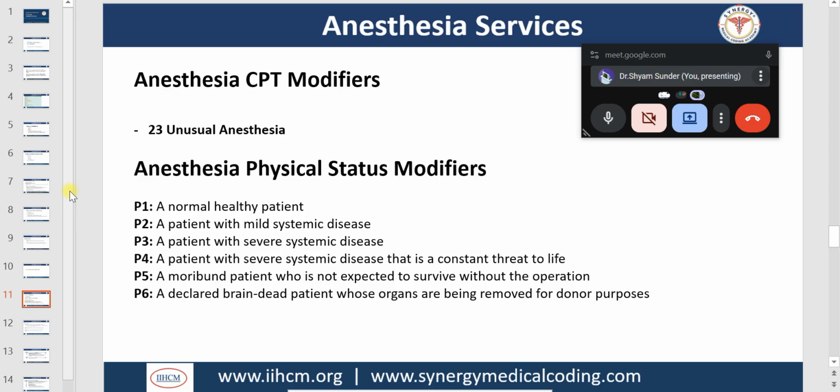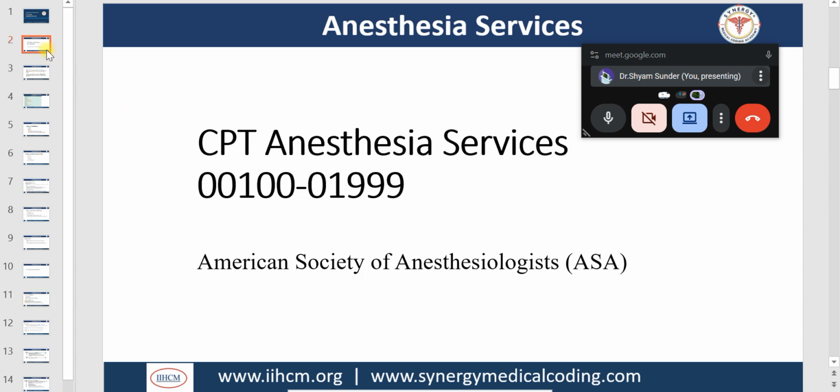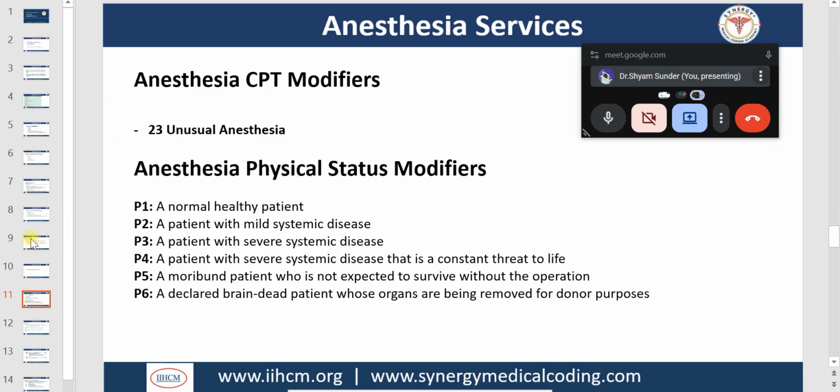In rare cases, it is possible, right? And the anesthesiologist has to support the 2 hour surgery. That's when you assign 23 to your anesthesia code. This 23 is not for surgery code. It's only for anesthesia code.